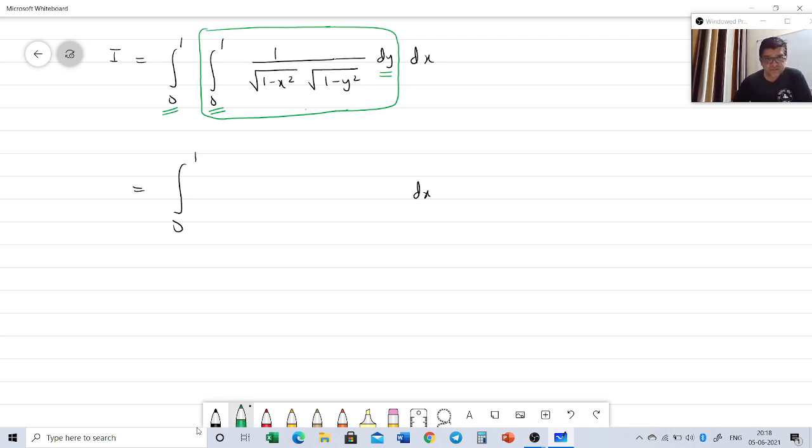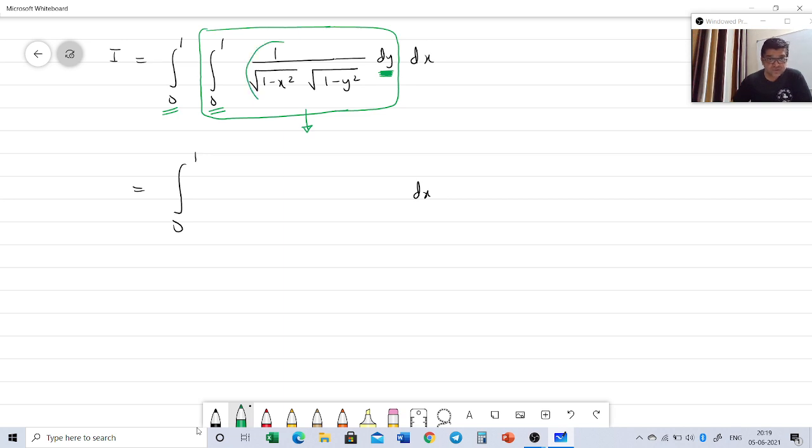Now when you look at this inner integral and you want to integrate with respect to y, keep in mind that while integrating with respect to y, you have to consider x as constant.